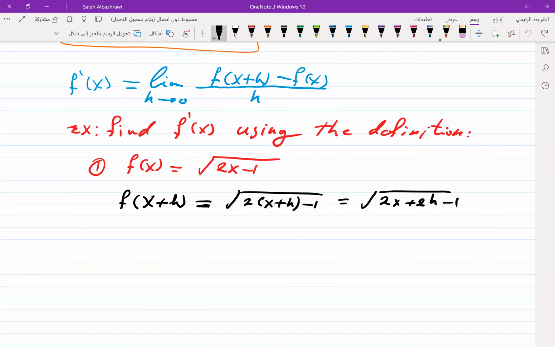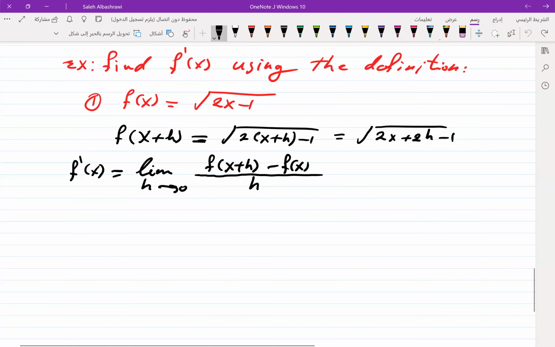Now the derivative is equal to the limit of f of x plus h minus f of x divided by h, where h goes to 0.